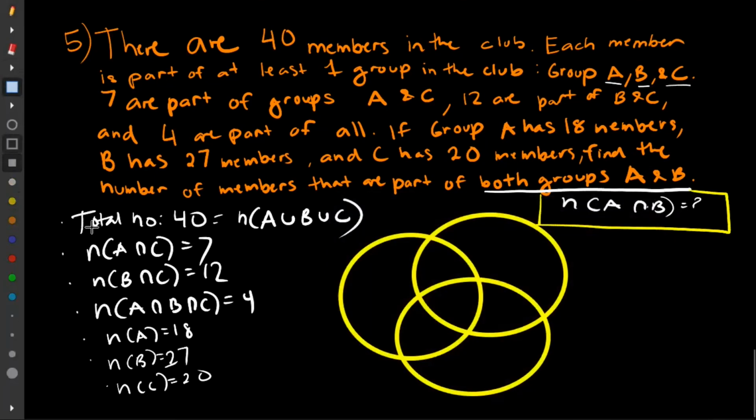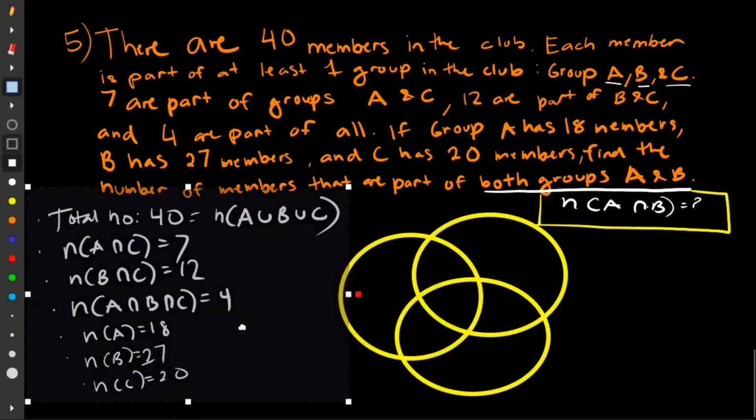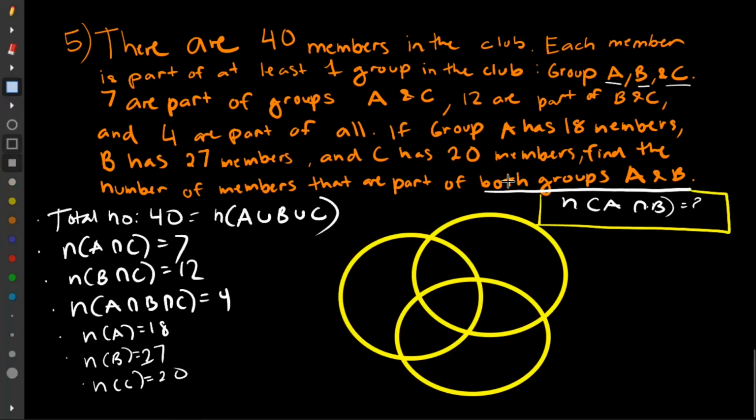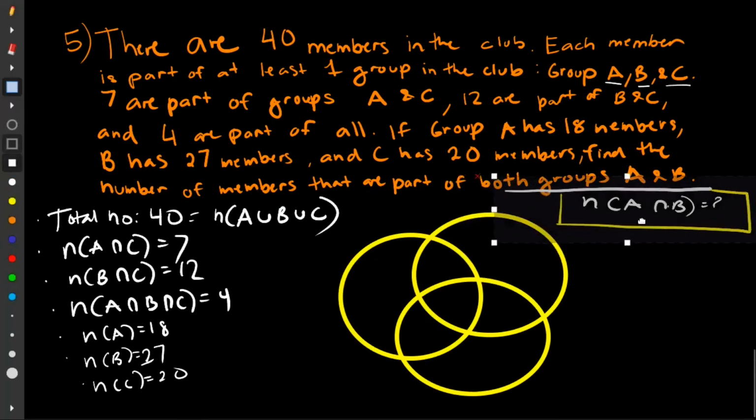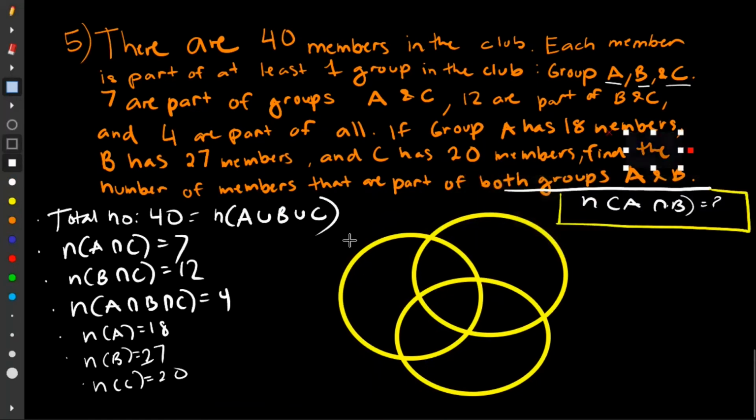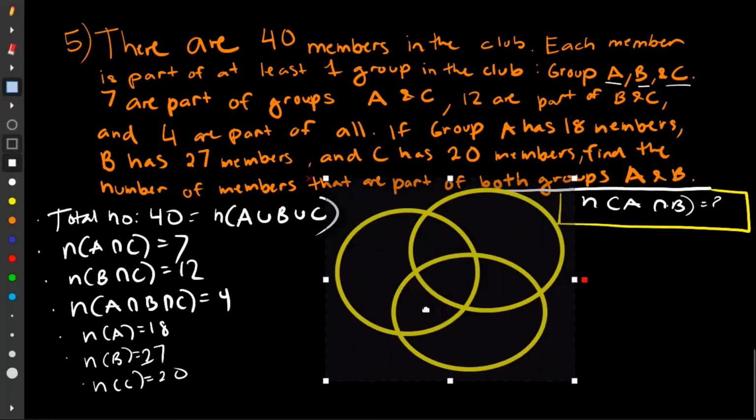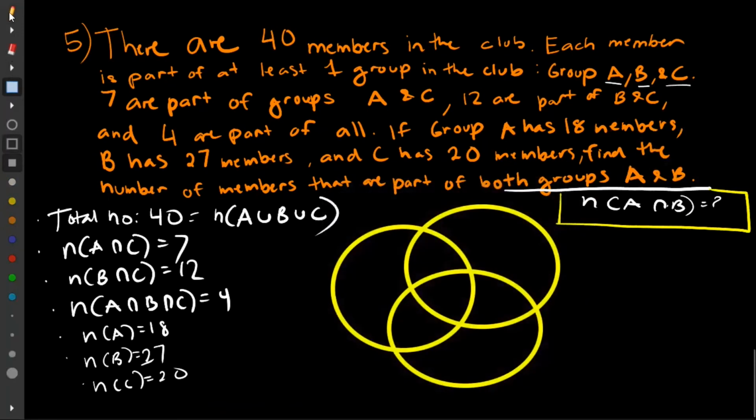Let's first move this one to get it out of the way, and this. So let's refer to this one as set A, this one as set B, and this one as set C.